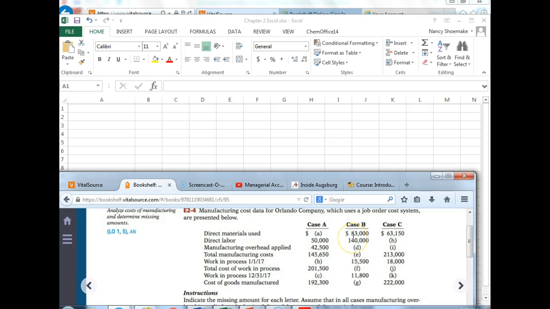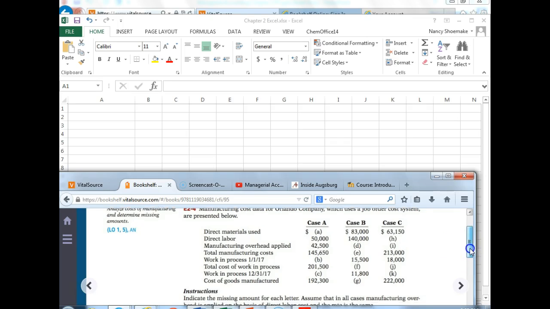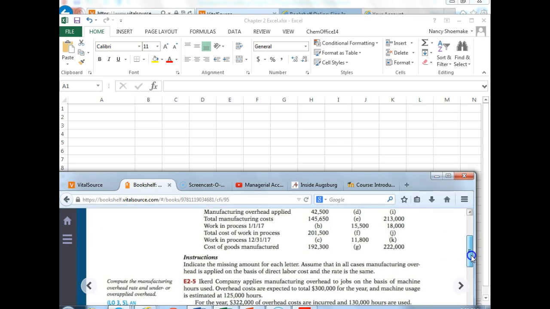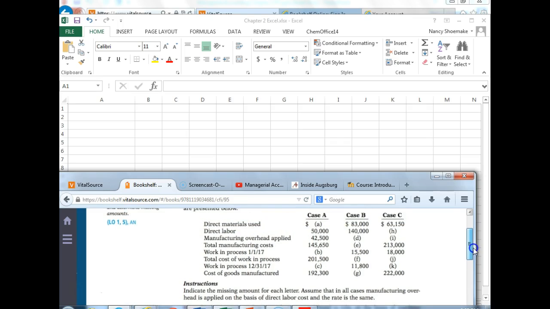Direct materials, direct labor, manufacturing overhead applied equals our total manufacturing cost. So basically, they want our case A. You have to look at the direct labor to manufacturing overhead in case A and find that percentage, which is 85%.